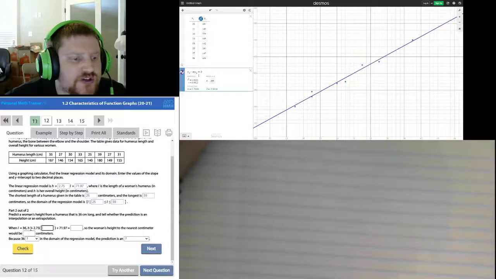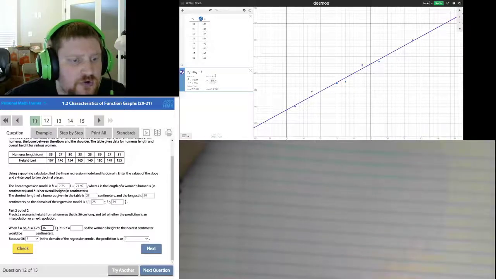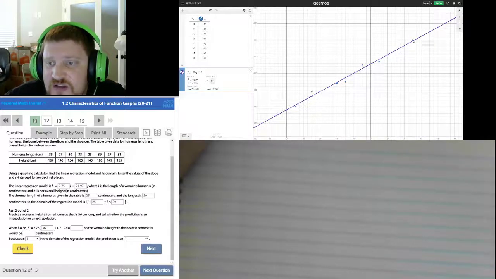When L equals 36, H equals 2.75 times 36 plus 71.97, so the woman's height to the nearest centimeter would be blank. So once again, we're going to hop into Desmos, plug in 36.